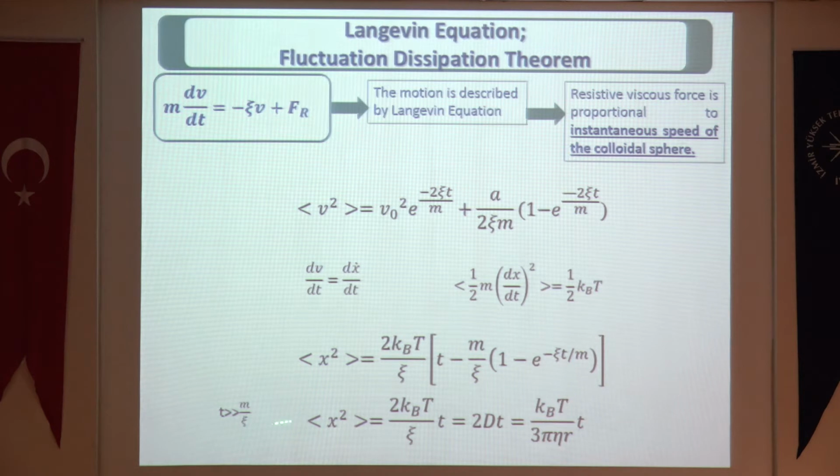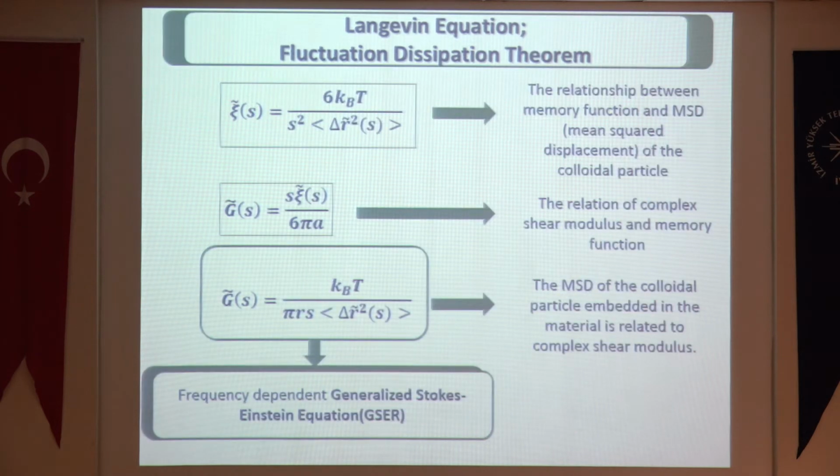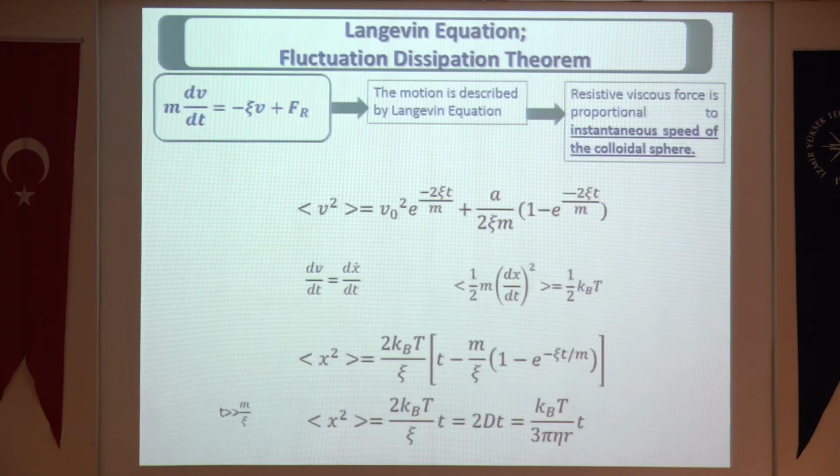So again, we measure this and get this eta value. One can also measure from this position correlation function, which is actually the mean square displacement of the colloidal particle, which we call MSD.